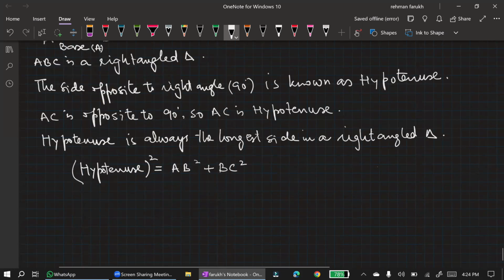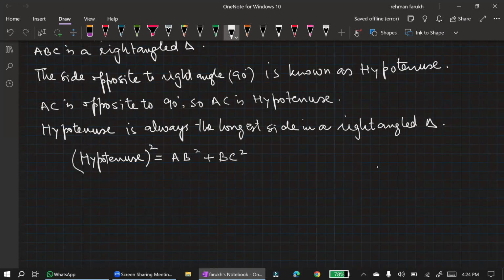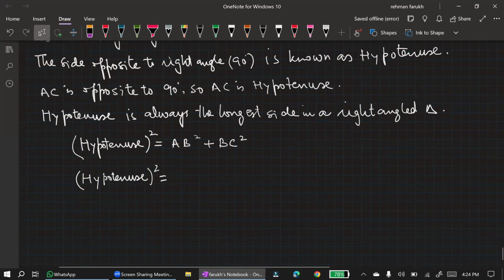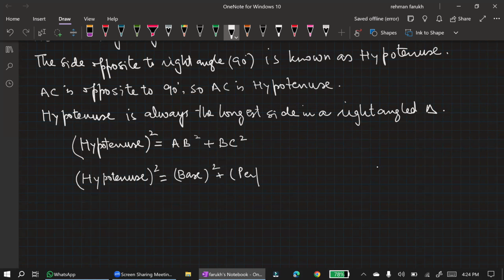Now, Pythagoras theorem states hypotenuse square is equal to base square plus perpendicular square. We write this as h square is equal to b square plus p square.